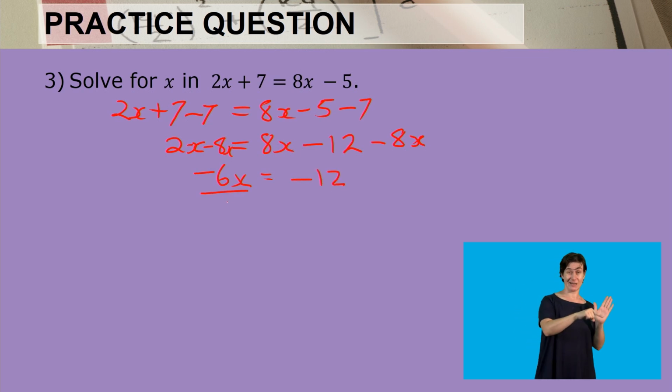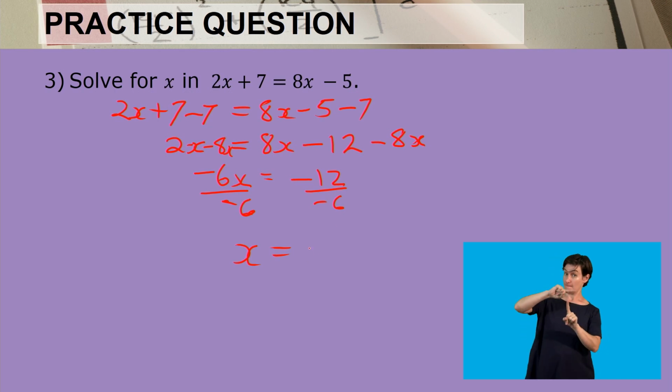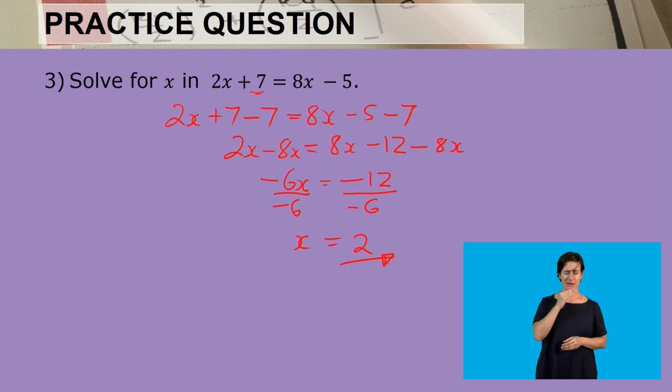Then we divide by negative 6 on the left, and we also divide by negative 6 on the right. Negative 6 divided by negative 6 is 1, multiplied by x, which is x. And negative 12 divided by negative 6 is positive 2. So our value of x on both sides of the equation is 2.